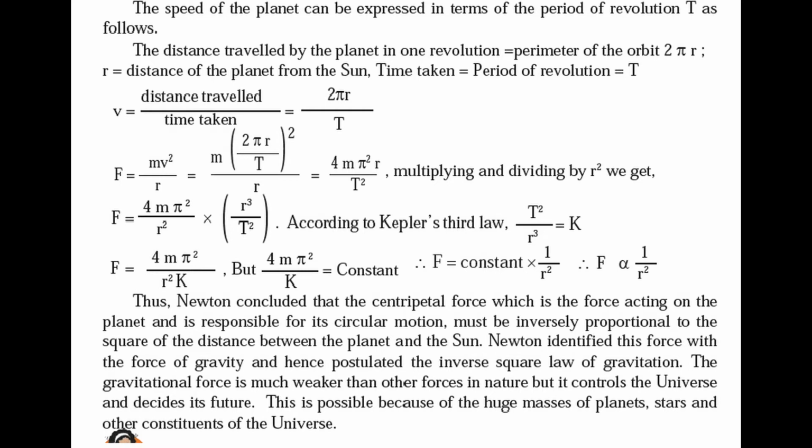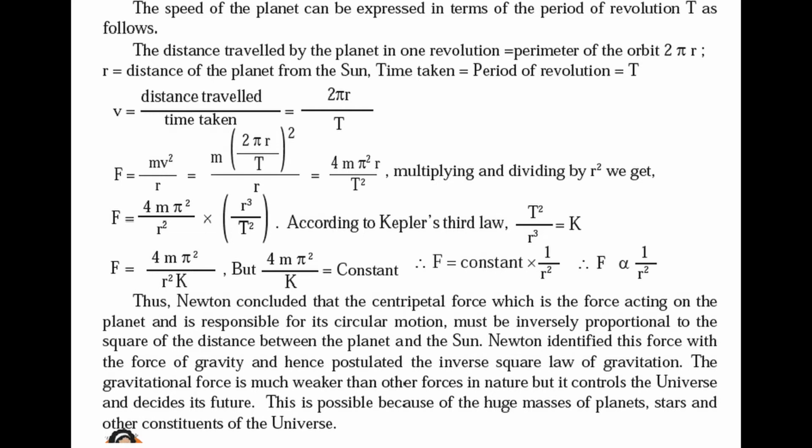Now 4, the mass, pi square and k, these all are constants. So 4 m pi square divided by k is a constant. So we can say F is equal to constant times 1 divided by r square. Students, this is simple mathematics. So F is inversely proportional to r square.